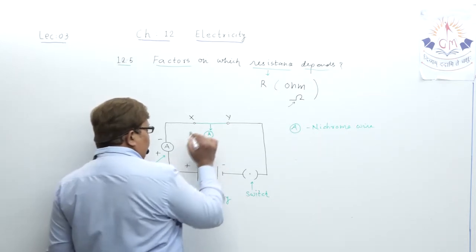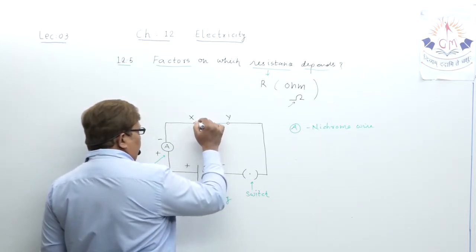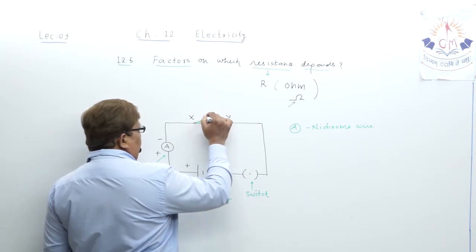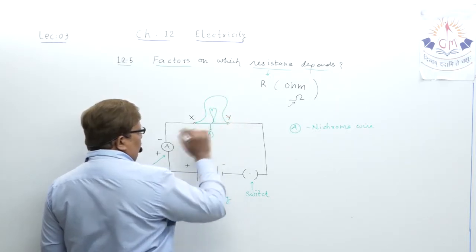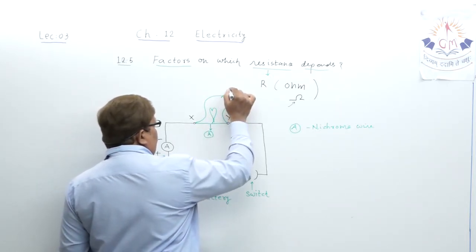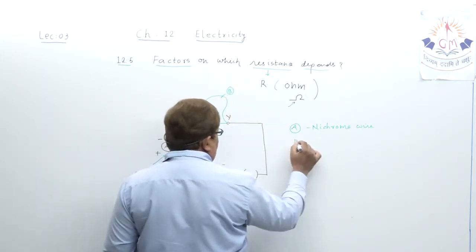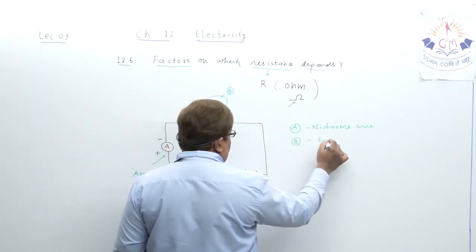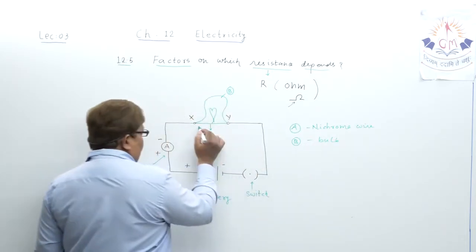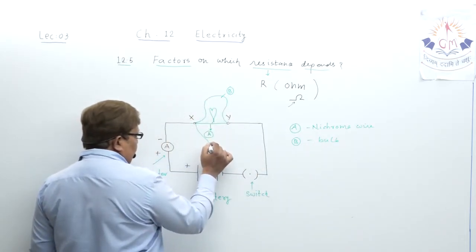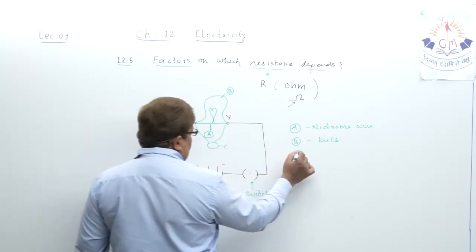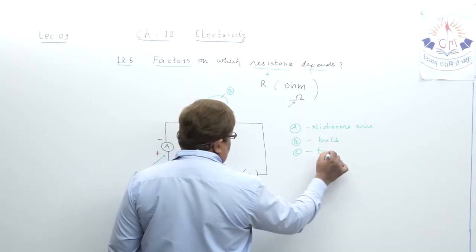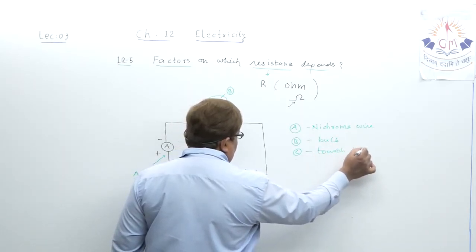Then I fill the same gap by another device B. Suppose a bulb. In a bulb you saw the filament. I can say it B. So B means any bulb, okay? And third, my dear student, I will attach here a torch bulb. C means torch bulb.